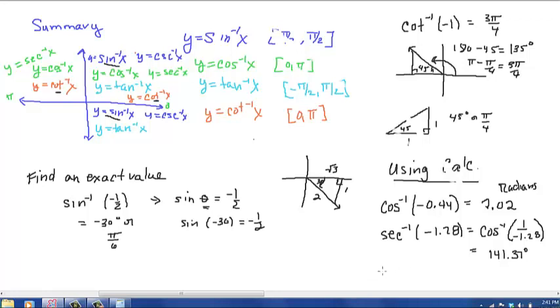For example, it's with the negative. So if I have cotangent of negative 1.2357, I have to use the tangent inverse function of 1 over that amount.